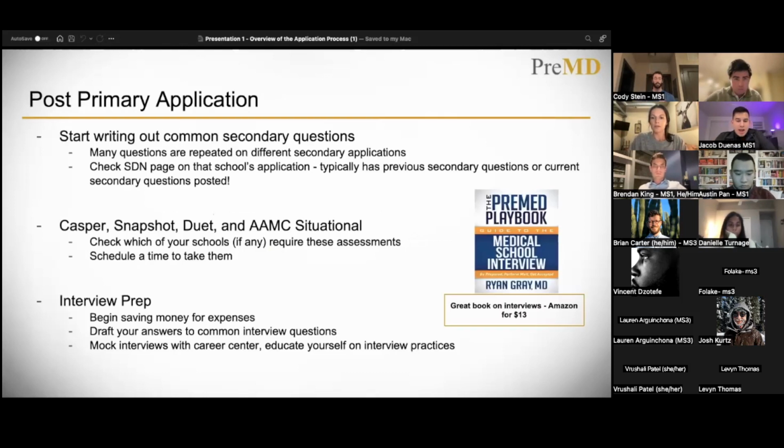This first point is probably the biggest thing that I would recommend: start writing out your secondary questions as soon as you can. It's pretty easy, one reason being that most schools repeat their secondary questions year after year.